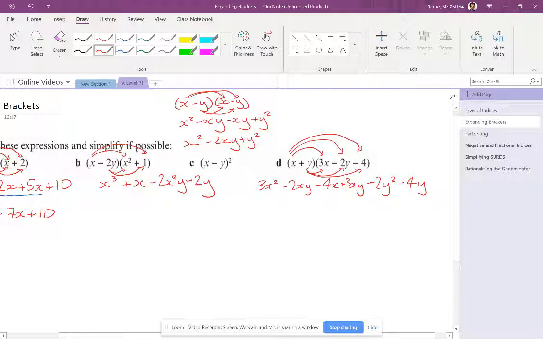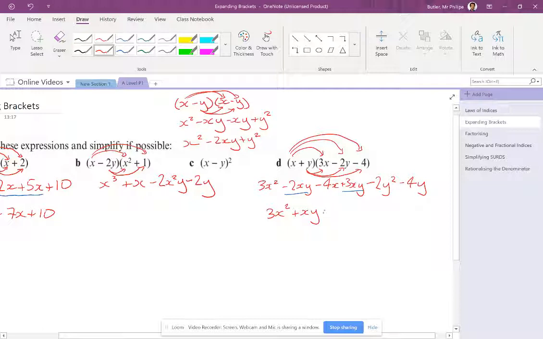Then you've got to look to see if there's anything that you can simplify. Well, we've got xy's here. Is there anything else that we can simplify? Nothing that I can see at the moment. So let's simplify those. 3x squared plus xy.